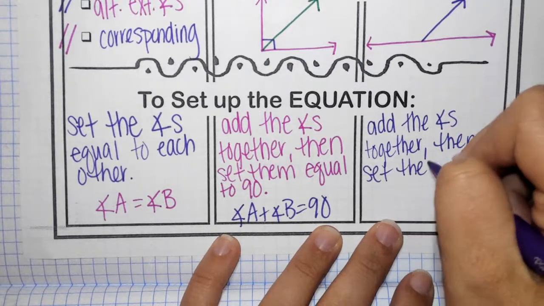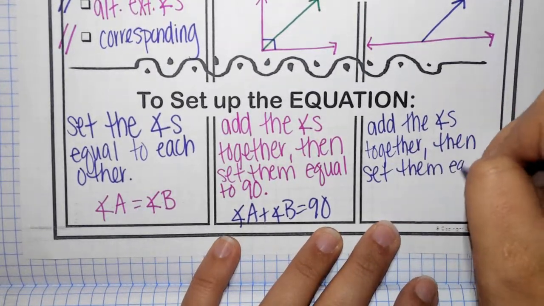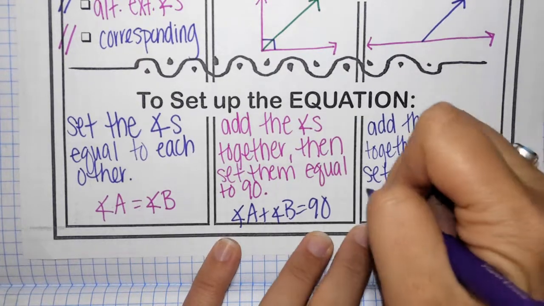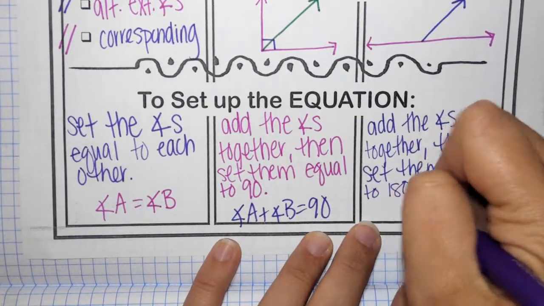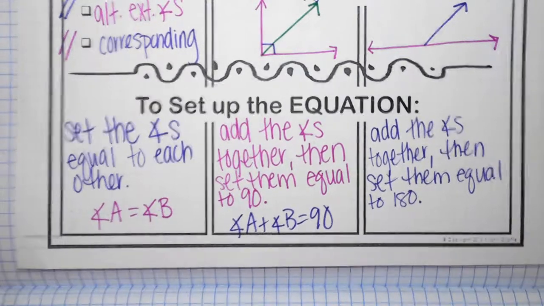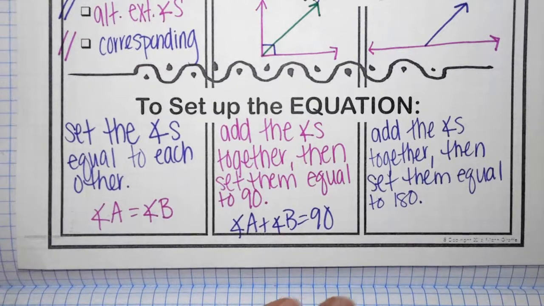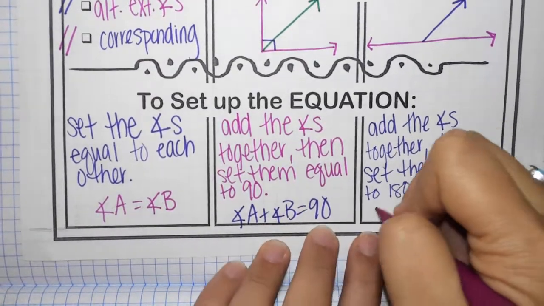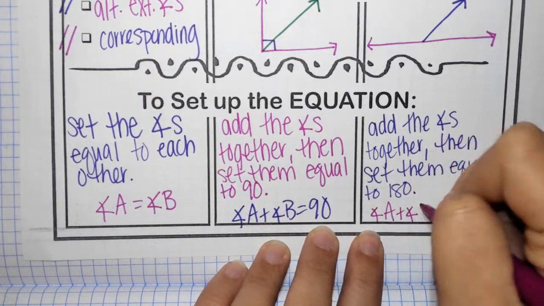Good, take a point. So if angle A and angle B are supplementary, someone at Ravenclaw, tell me how I would set up that equation. Angle A plus angle B equals 180? Good, take a point.